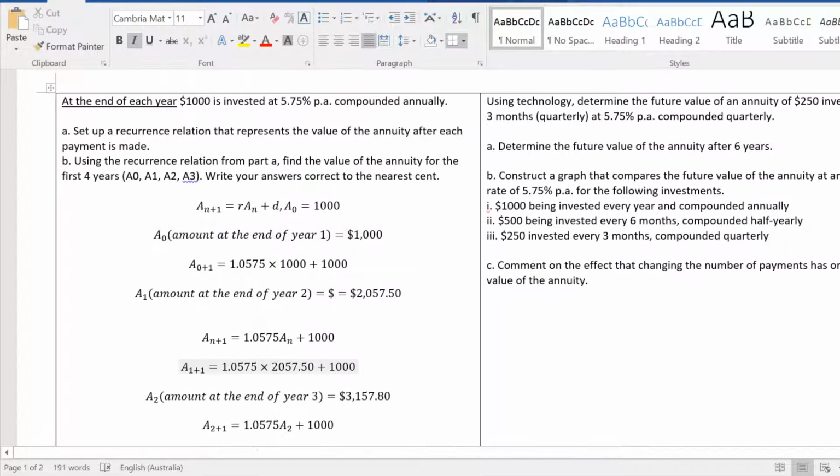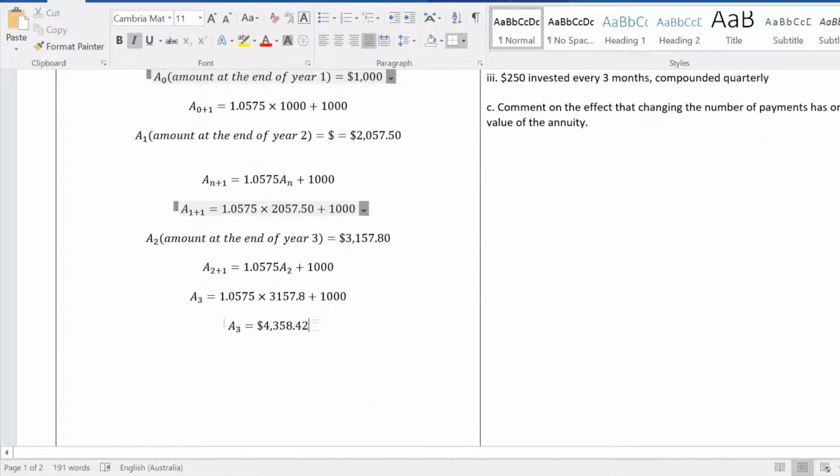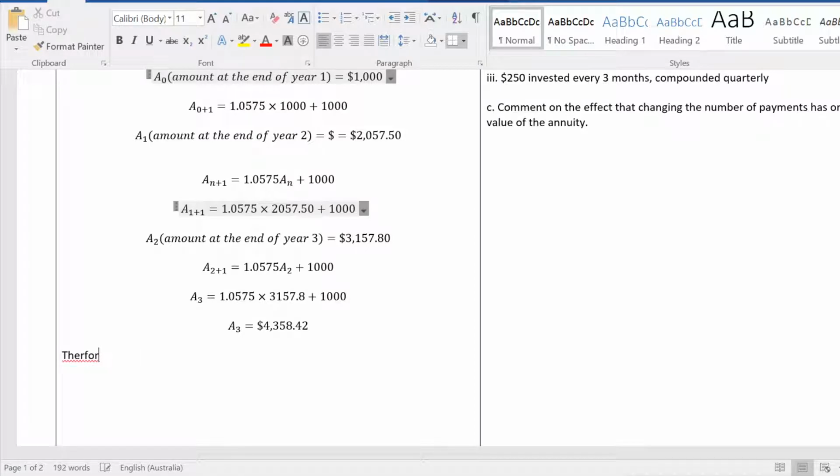Okay, so therefore we can now answer part B. Probably easy just to autocorrect. $4,358.42 after 4 years.